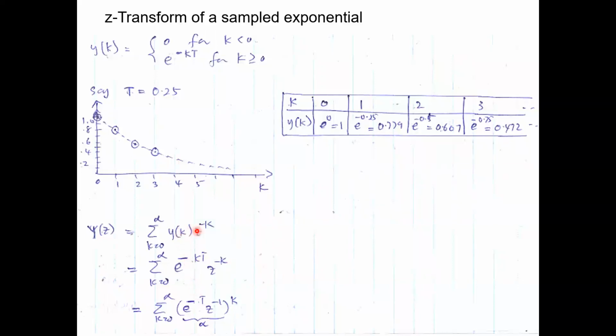So you can see y[k] z to the minus k is here, and e to the minus kt, you can write it like that: e to the minus t, z to the minus 1, all to the power k. k can be taken out as a common factor, and now you call this alpha. What is alpha? e to the minus t, z to the minus 1, because k is common to both of them. So the sequence is now very simple.